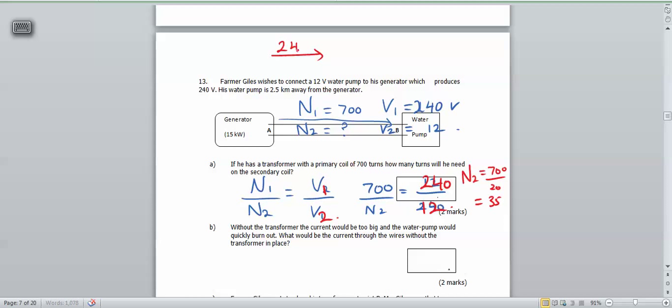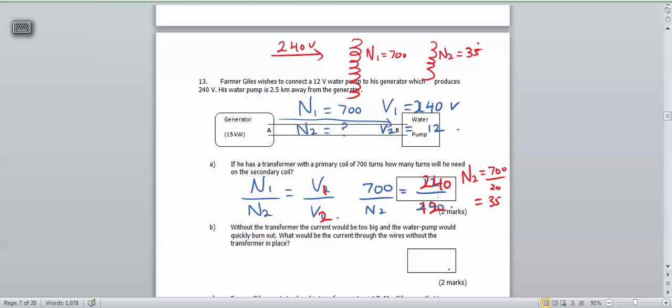So what he's done is that we have 240 volts coming through. He then wants to step that down to 12. So what he does is he has a transformer which has 700 coils, and the secondary coil for the transformer has 35 coils.